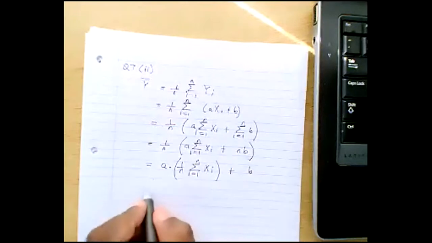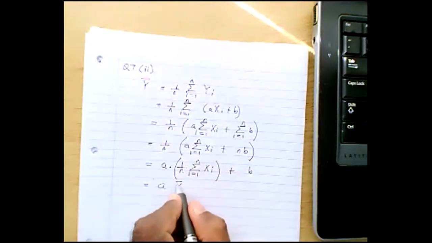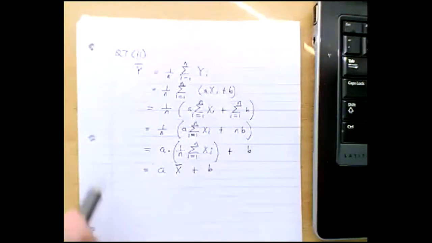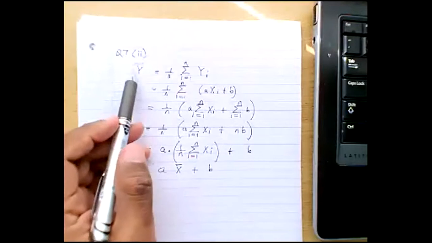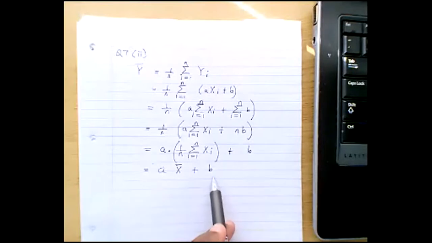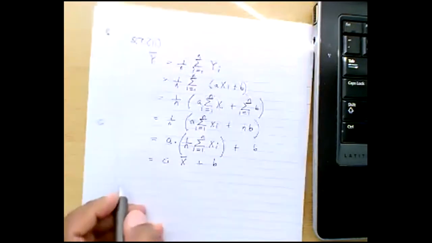So this is equal to a times the sample mean of the x's plus b. So you see we have expressed the sample mean of y as a times the sample mean of the x's plus the constant b.